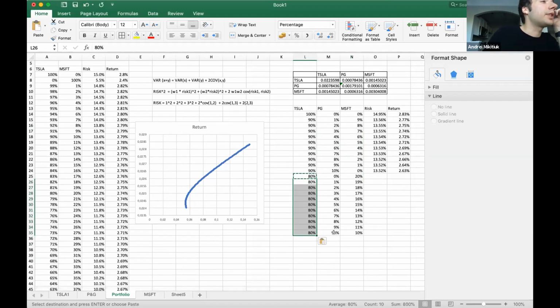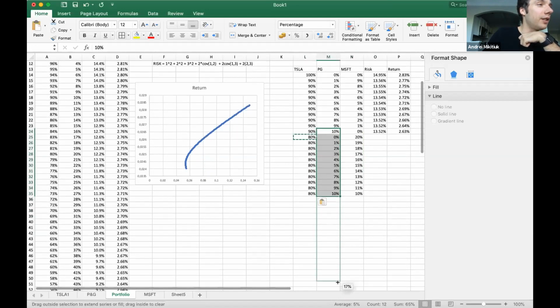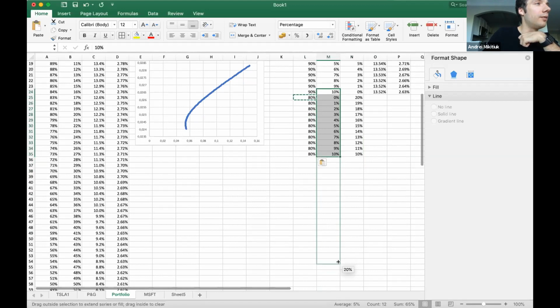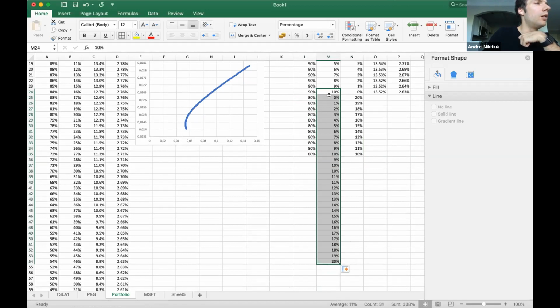with 80%, we technically need to take all possible combinations of how to split those 20% between those two stocks. So there will be more combinations right now.